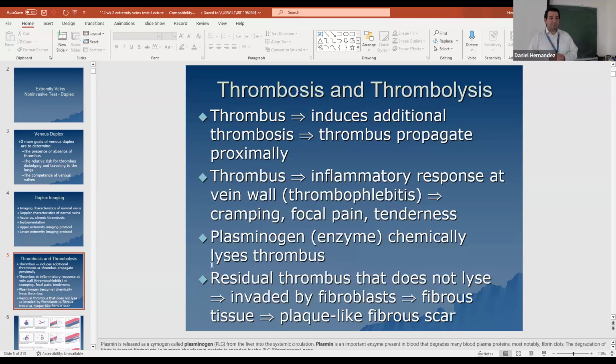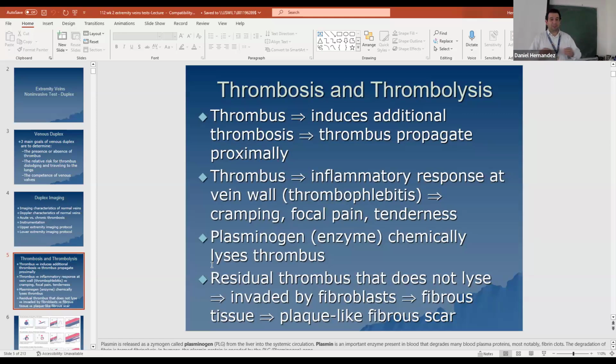Plasminogen is an enzyme that will chemically break down clots. So it lyses and breaks down clots. And as that clot breaks down, so we go through the process, the clot formation, the acute phases, and then as the body's trying to break down that clot, it enters into that chronic phase where any residual thrombus that does not break down gets invaded by fibroblasts and becomes fibrous scar tissue.